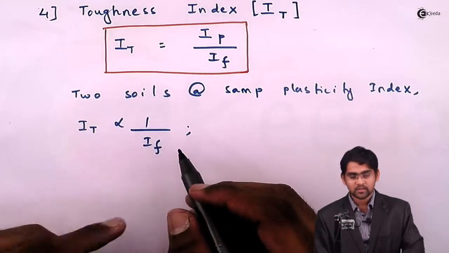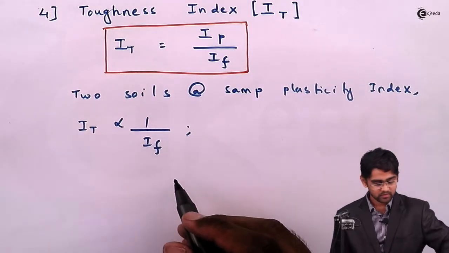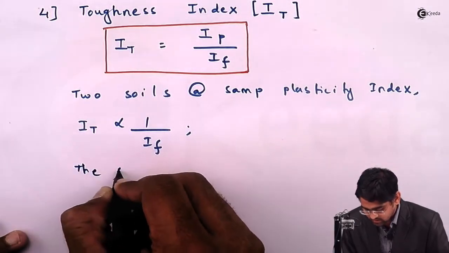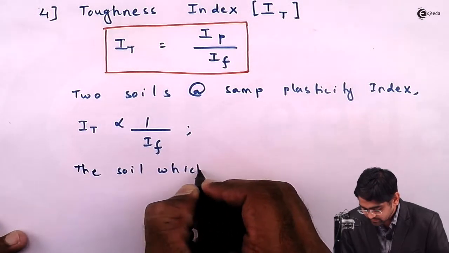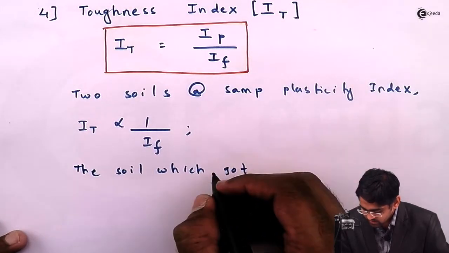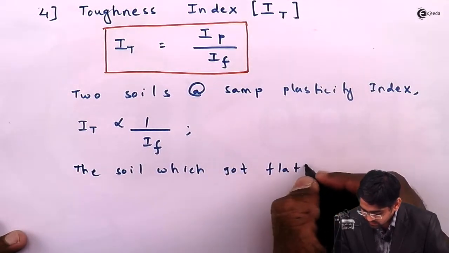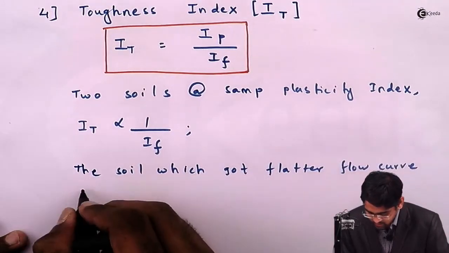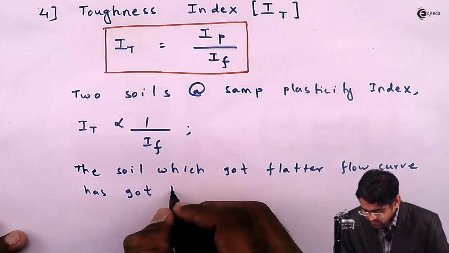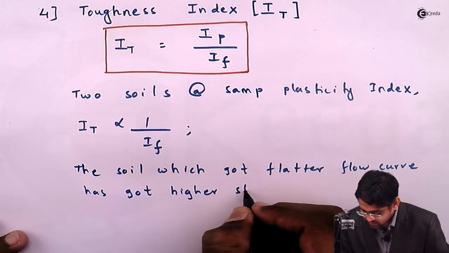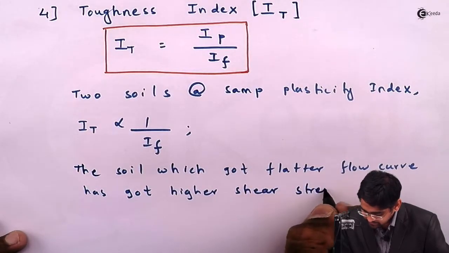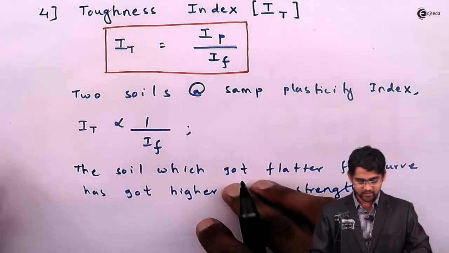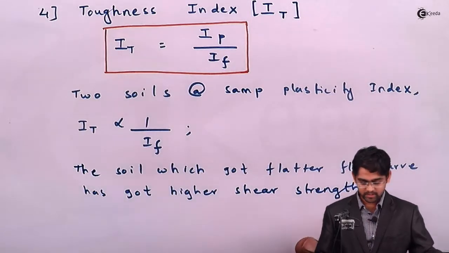Therefore, the soil which has got a flatter flow curve will have more shear strength, higher shear strength. That's what is implicated from this particular definition of the toughness index.